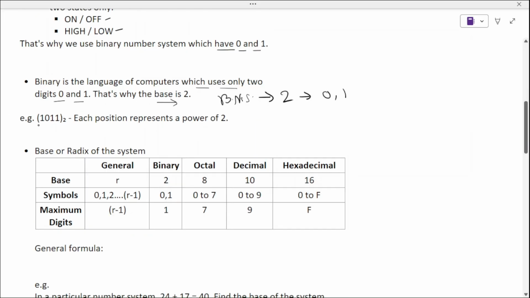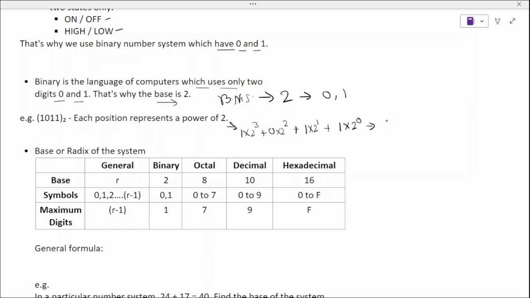Here, suppose this number (1011) base 2, each position represents a power of 2. What does it mean? Suppose my first number 1 multiply 2 to the power 0, plus second number 1 multiply 2 to the power 1, plus 0 multiply 2 to the power 2, plus last number 1 multiply 2 to the power 3.